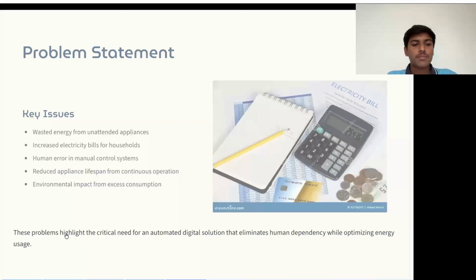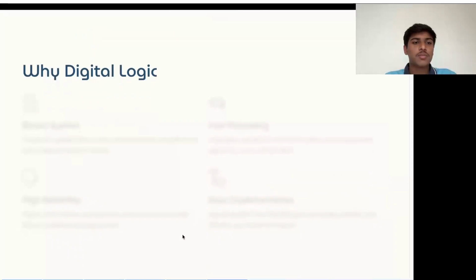These problems highlight the critical need for an automated digital solution that eliminates human dependency while optimizing energy usage. We humans are very careless about saving energy in this critical situation. So that is my problem statement, and I am going to solve this problem by using digital logic gates.